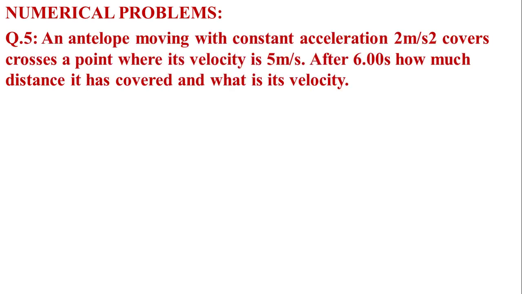In question number 5, the given statement is: constant acceleration is 2 meter per second square. The car crosses a point where its velocity is 5 meter per second. After 6 seconds, how much distance is covered and what is the velocity? Here we can find distance covered and velocity.